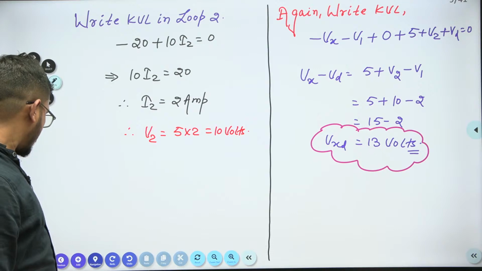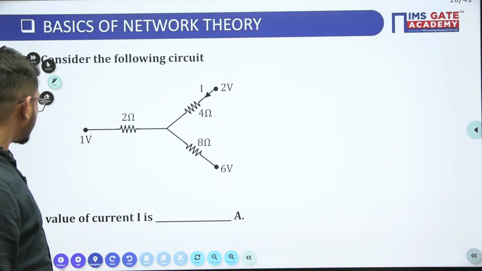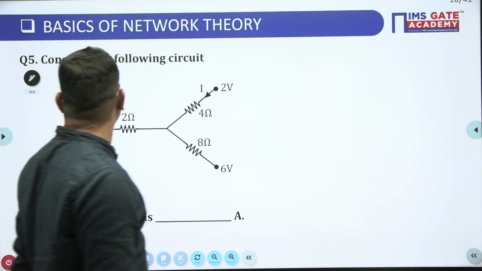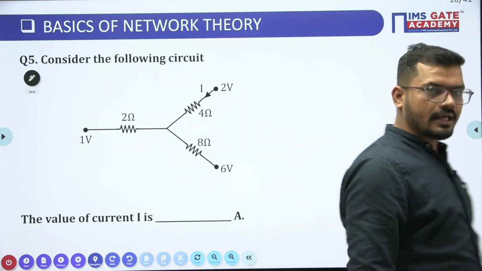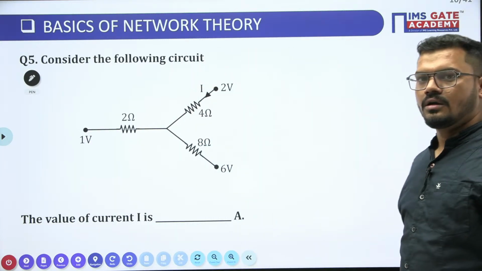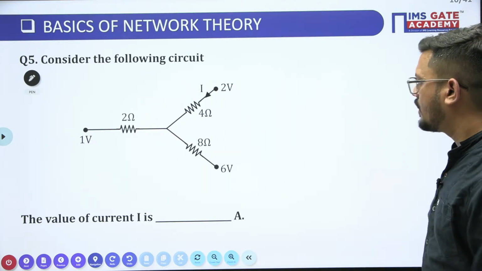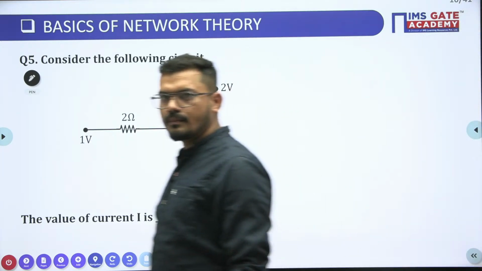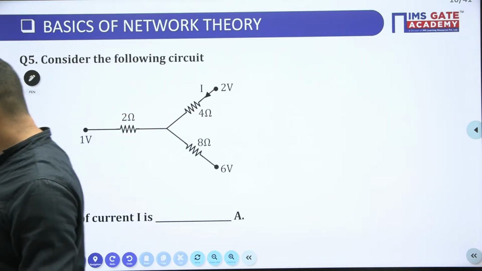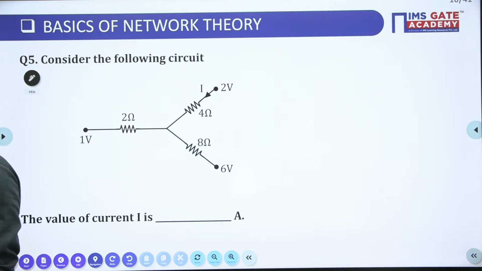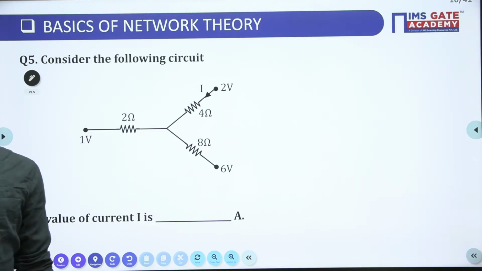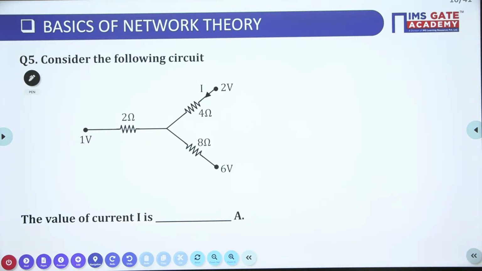Okay, so let us try this question, guys. Again, this is a very good question. Do it fast, please. This is the N80 type question, guys.